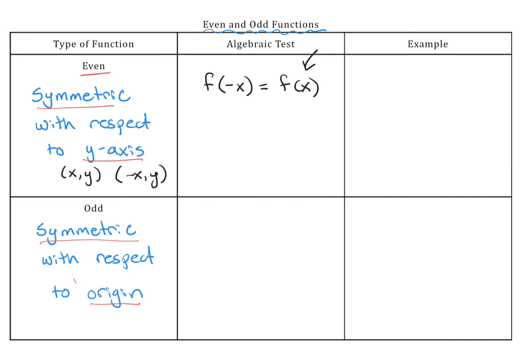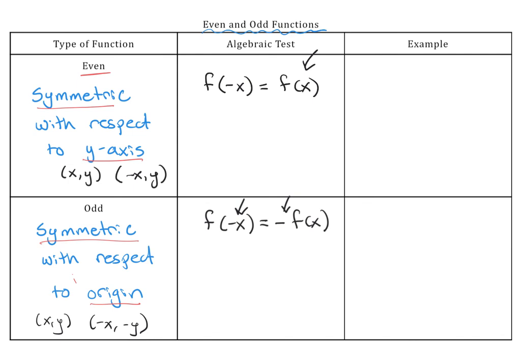And then odd function, symmetric about the origin, that's when for every x, y, a negative x, negative y exist. Another way to write that is f of negative x is equal to a negative f of x. So if you plug in negative x, the result is a negative of that whole function.